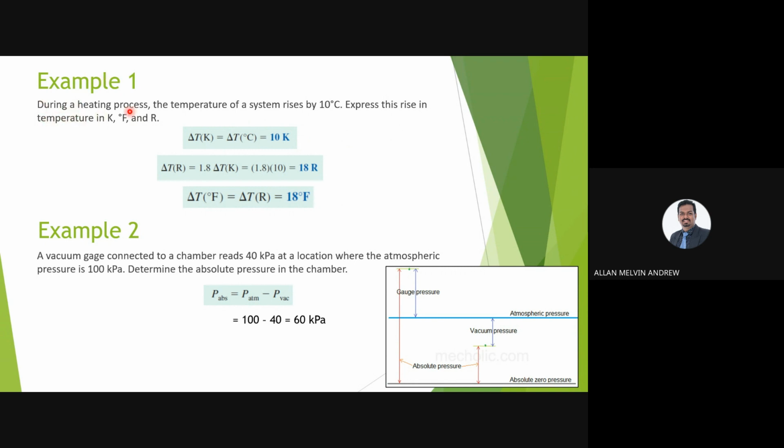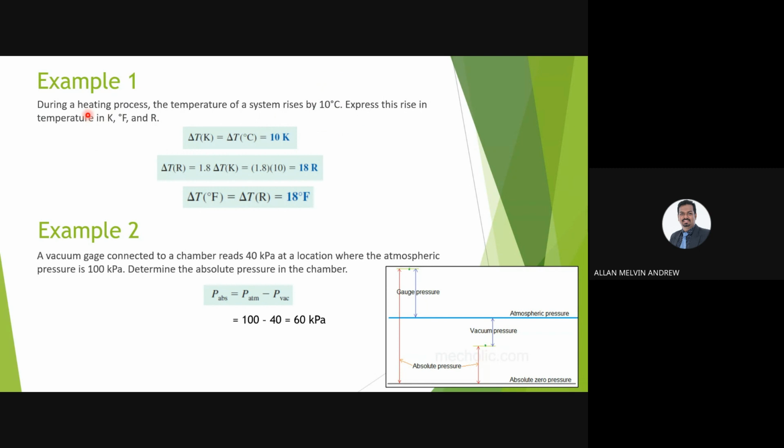During a heating process, the temperature of a system rises by 10 degrees Celsius. So the question gave you the first information in Celsius. You are required to express the rise in temperature in Kelvin, Fahrenheit, and also Rankine.